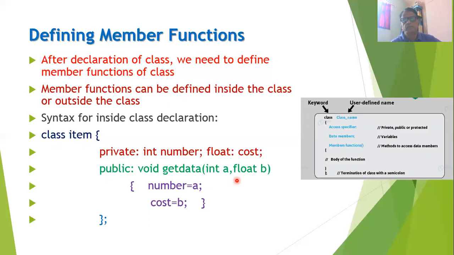In such a case, you remove the semicolon and put curly brackets, and inside the curly brackets you write the different statements which constitute the body of the function. Then you close the class and put a semicolon. When you write the definition of the function like this, it is called defining the member function within the class.